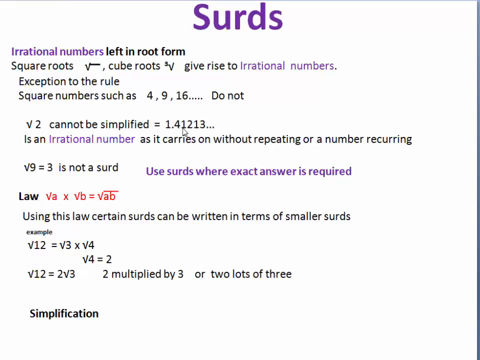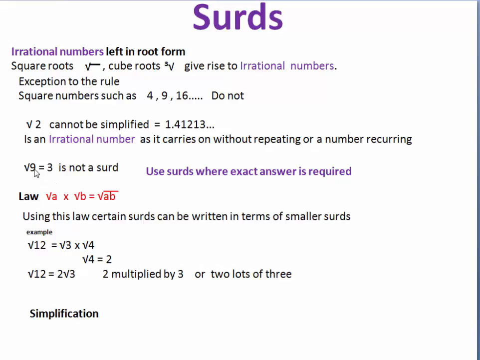It's 1.41213. It's irrational because it carries on without repeating or a number recurring. So it's not 1.44444 or 1.412412. These numbers are non-repeating, carry on and on and on.